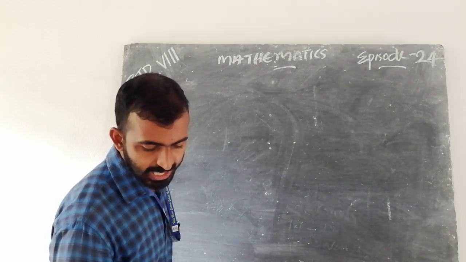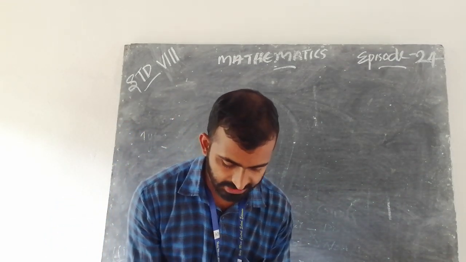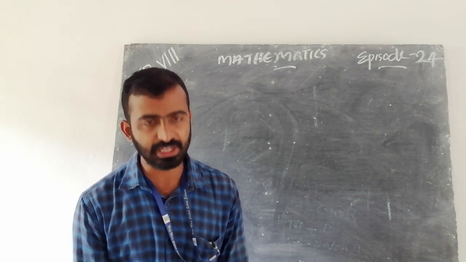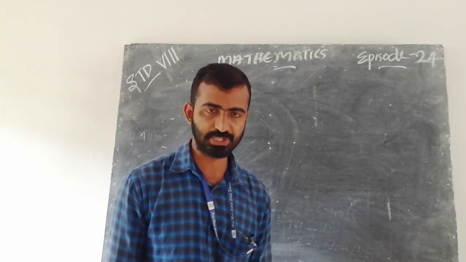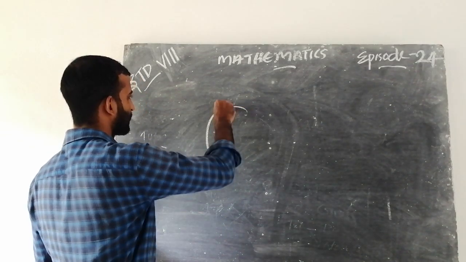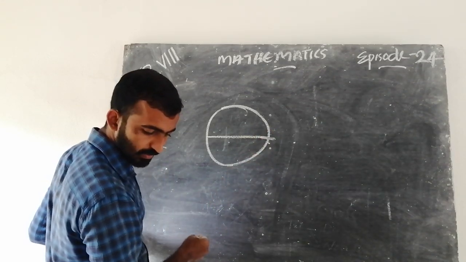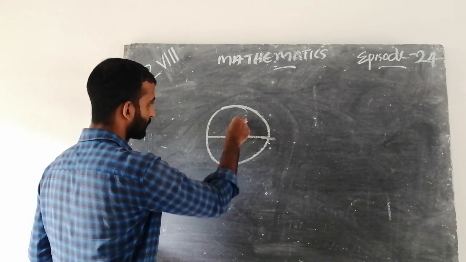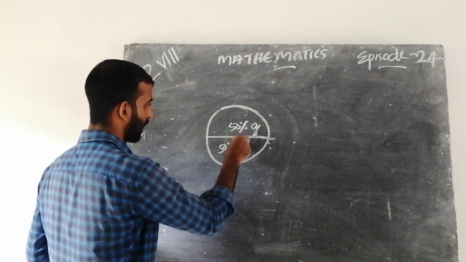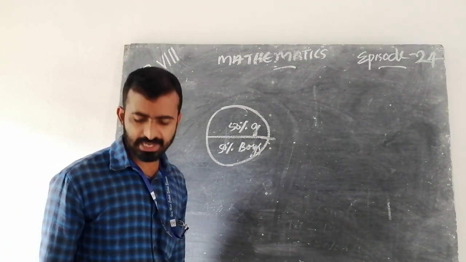For example, each of the following pie charts gives you different pieces of information about your class. Find the fraction of the circle representing each of the information. First is 50% girls, 50% boys.